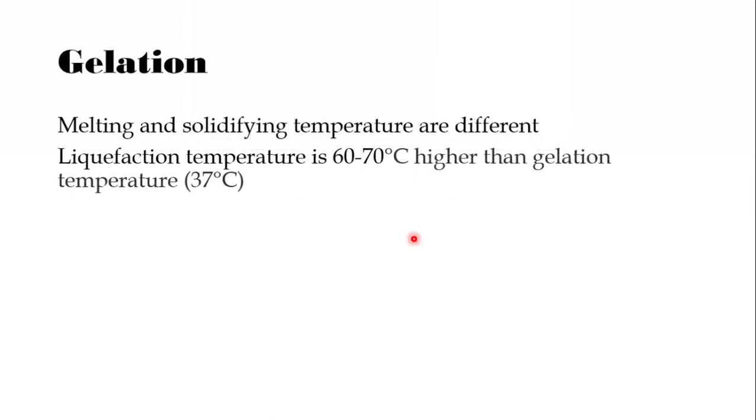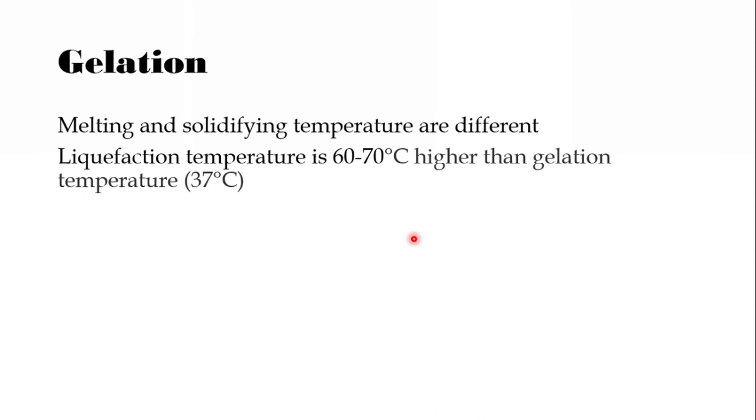So now let's move on to the properties. First is gelation. For most materials, the melting and solidifying temperature are the same. For example, at 0 degrees Celsius water can become ice, and at that same point it can melt also.